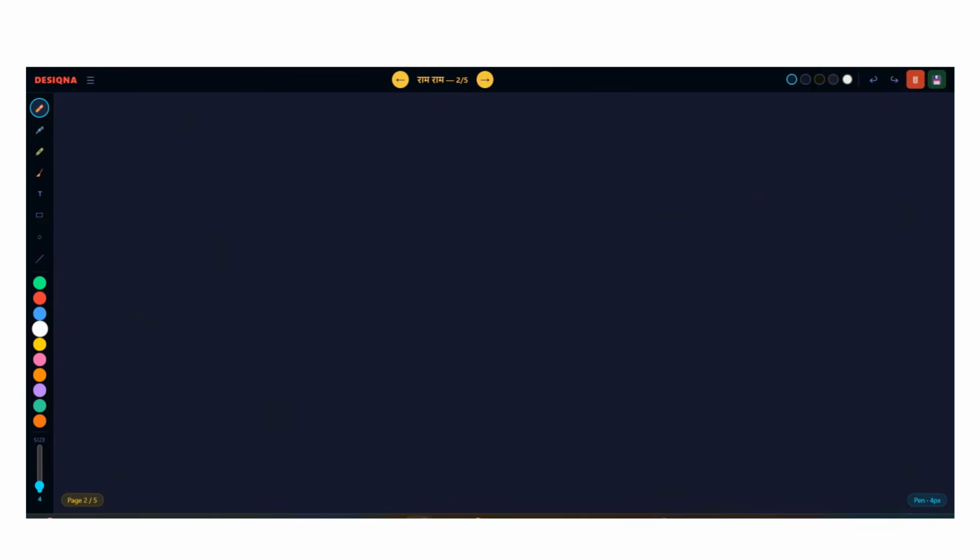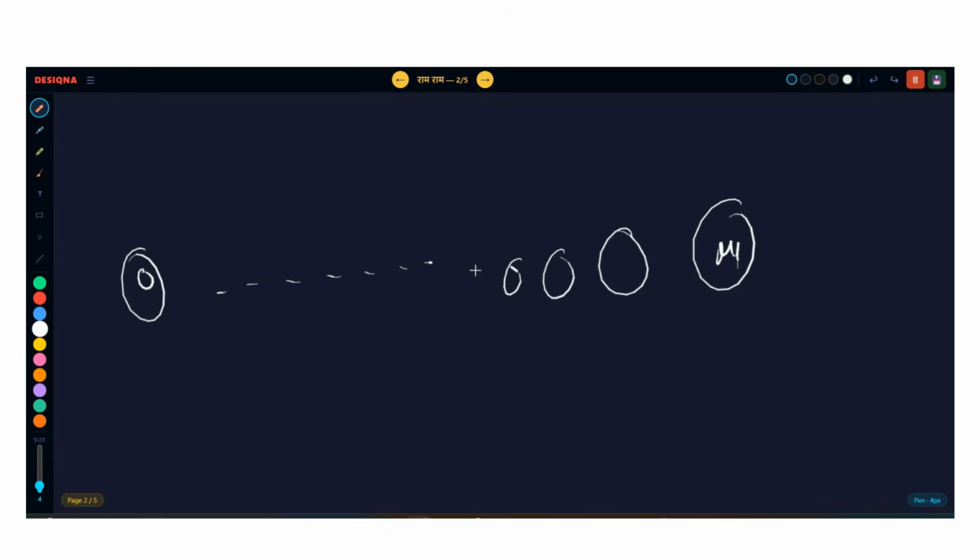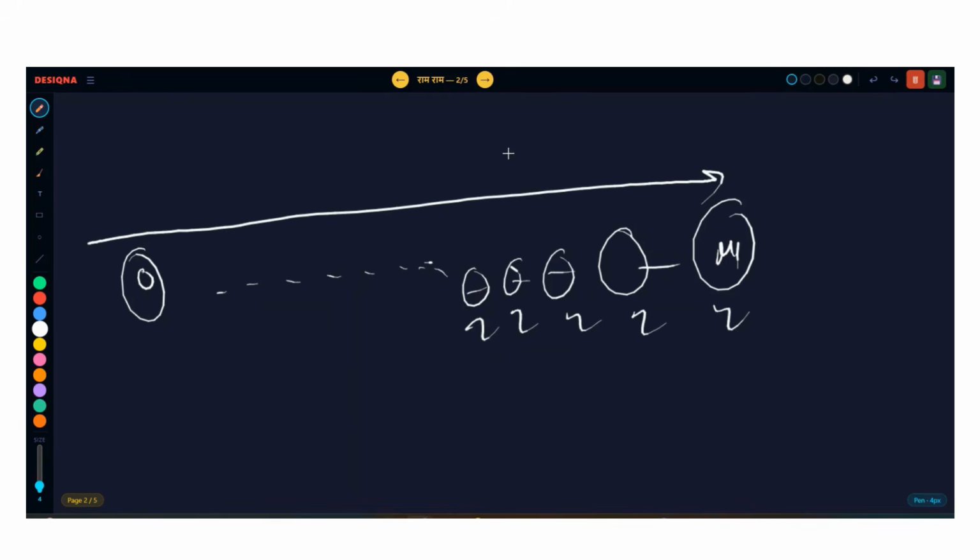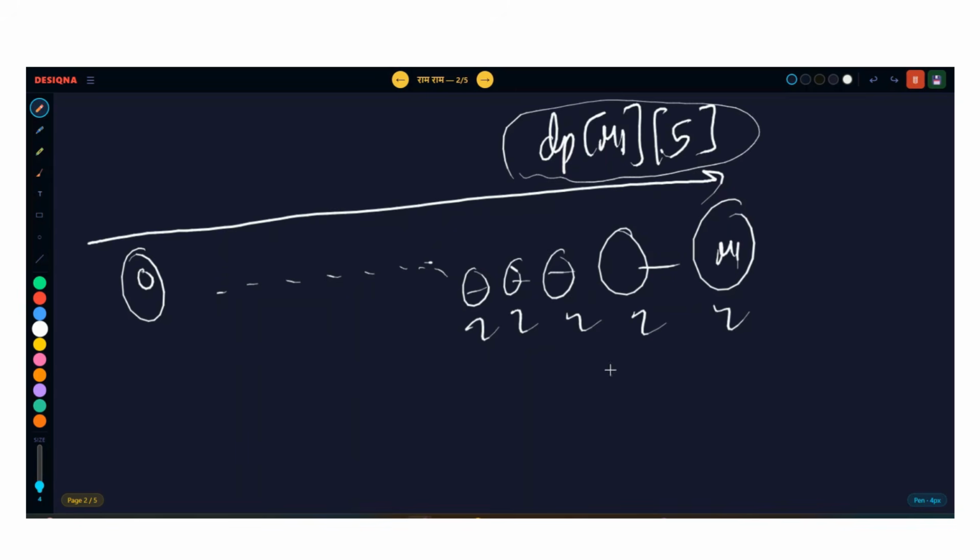Basically, this is node 0, this is node u1. This is the shortest path from 0 to u1 such that the last 5 nodes have the value z. This is called dpu1 phi. dpu1 phi means shortest path from 0 to u1 such that the last 5 node values are the same, which is z. Now u1 is pointing to v.